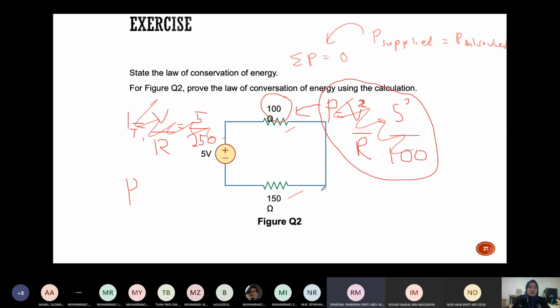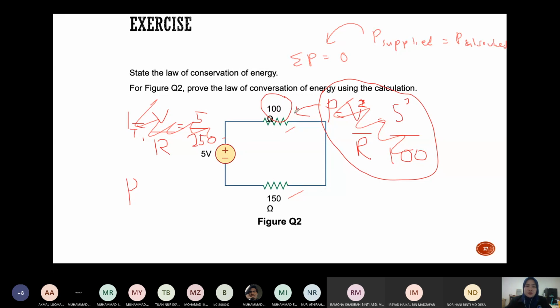Passive. Does a passive element absorb or supply power? Absorb.